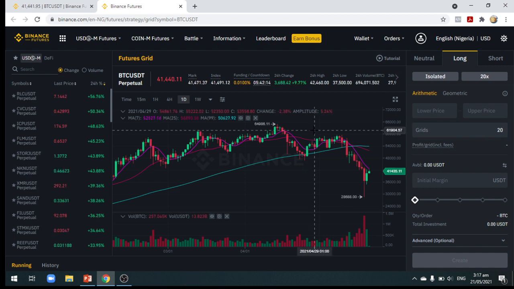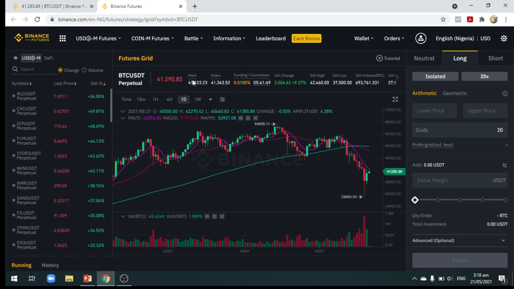Okay, so you're having entry points, like, let's say the price currently is 41,300. Okay, so with grid trading, you're going to have a buy position at 41,300. You have another buy position at 41,320, and so on.